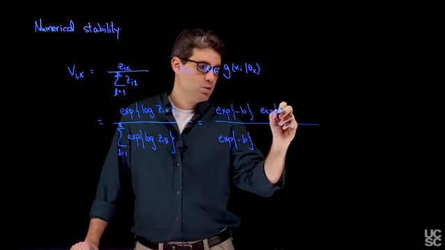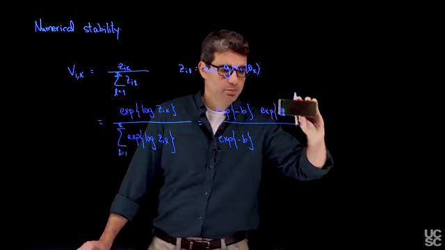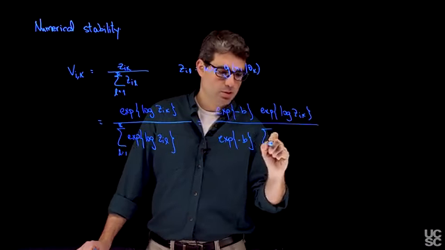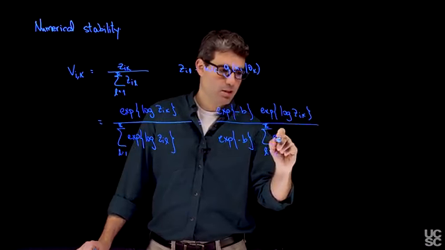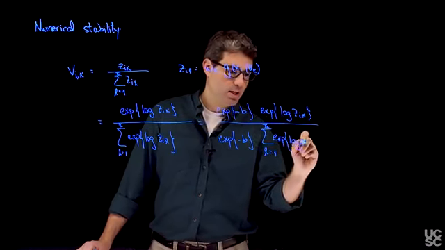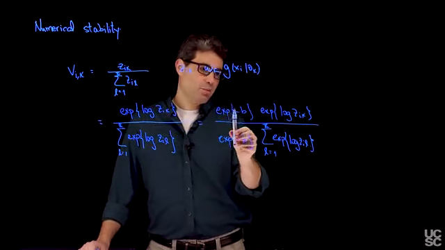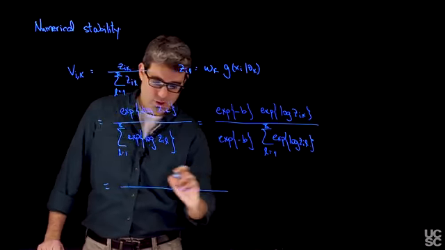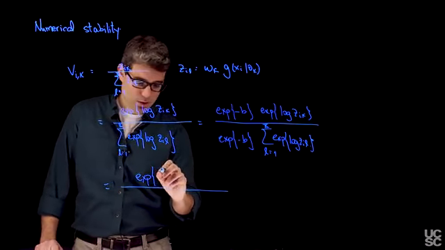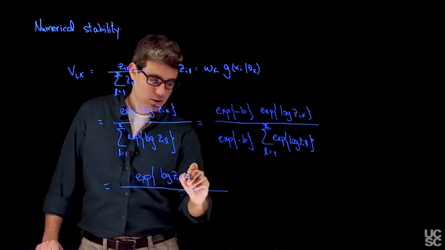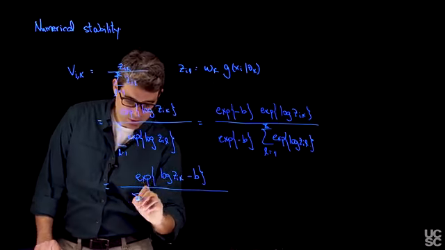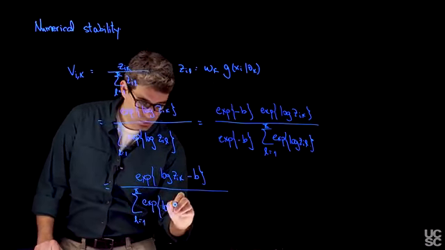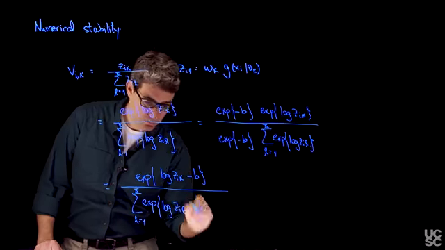Then the last step is just to combine these exponentials all together to rewrite this as the ratio of exp of the log of z_ik minus b divided by the sum from l equals 1 to K of exp of log of z_il minus b.